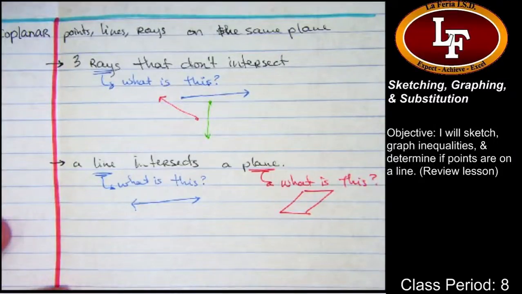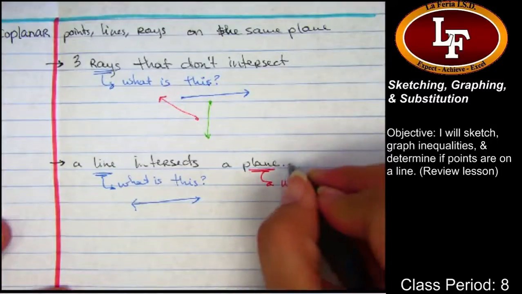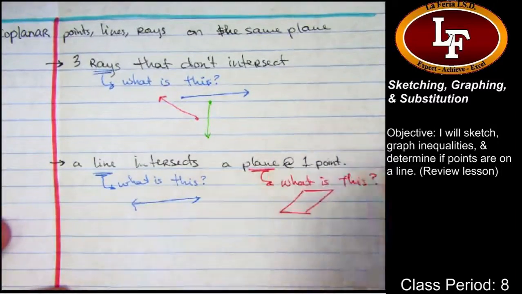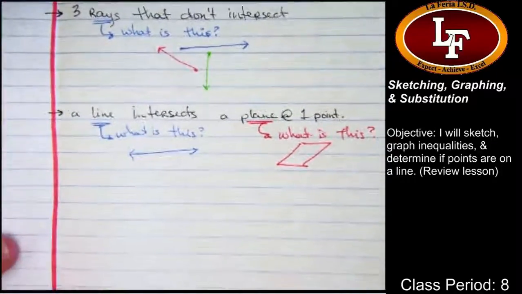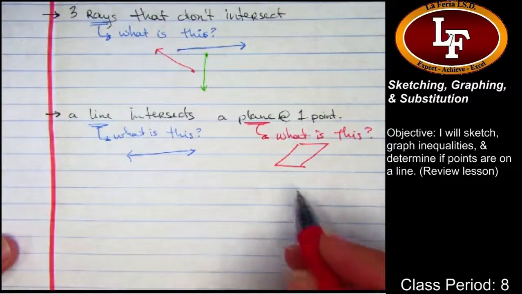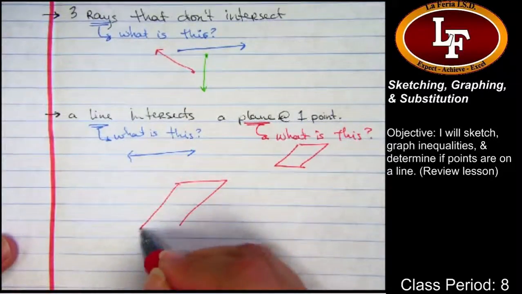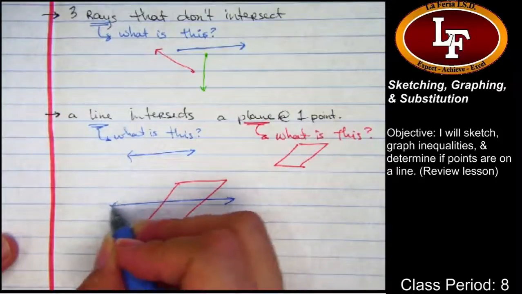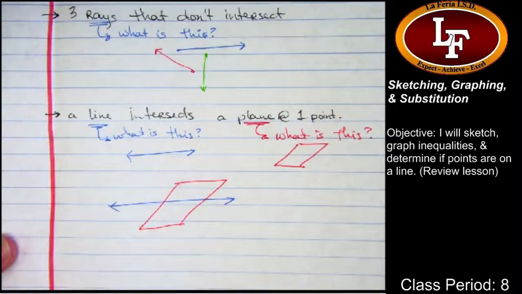So something that looks like this. It intersects the plane and I wanted to do it at one point. What should that look like? Well, we know we're going to have a plane. And we know we're going to need to have a line, but we want to make it clear that this only intersects at one point.